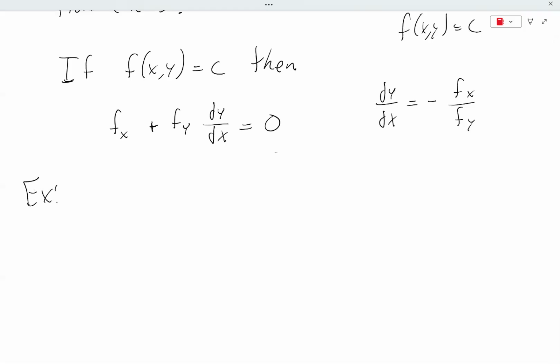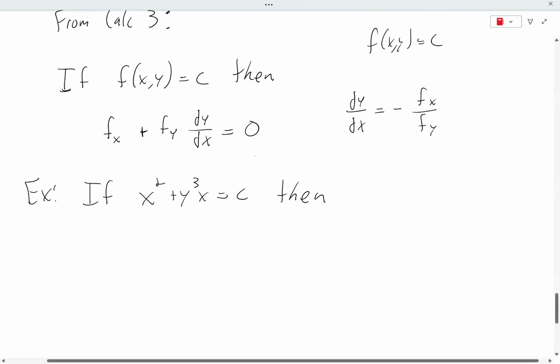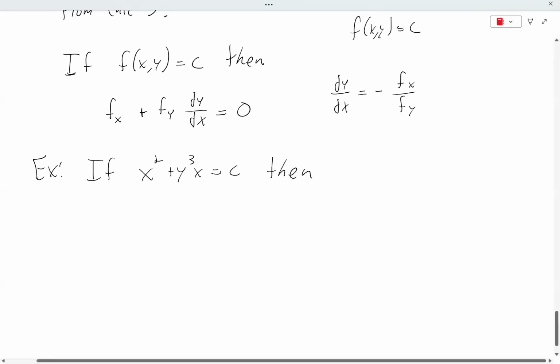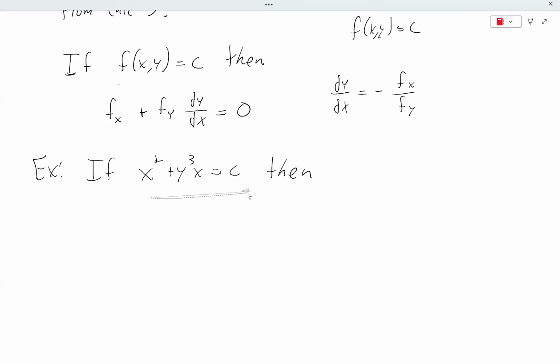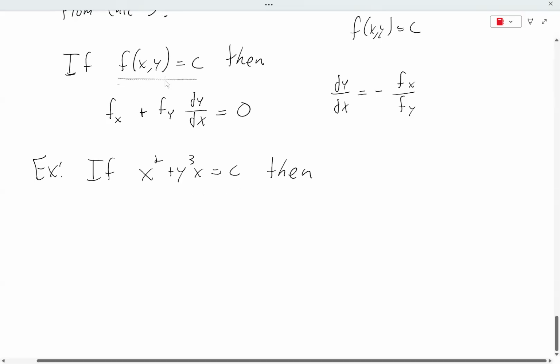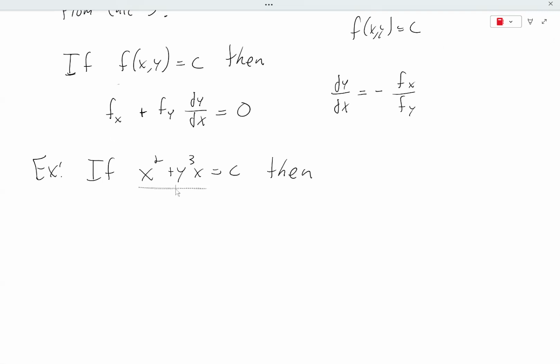But for example, say I have this here: x squared plus y cubed x is equal to c. So that's like my f of x y equals c here. Then from that, this follows from it. If I take the partial of this with respect to x, that would be 2x plus y cubed.